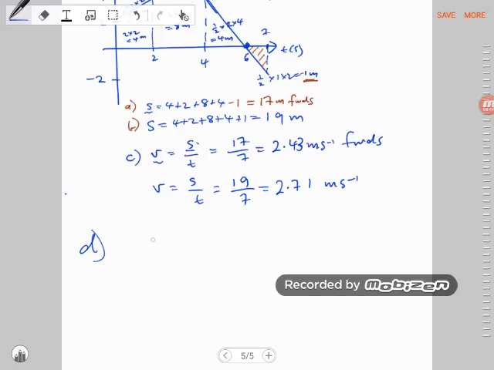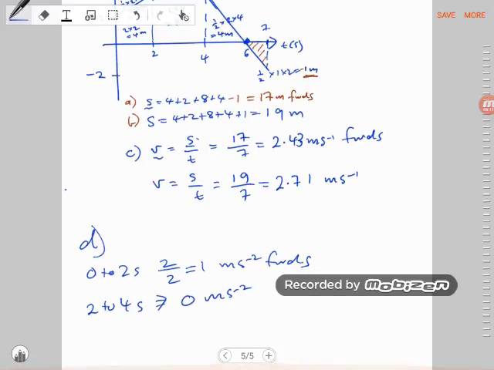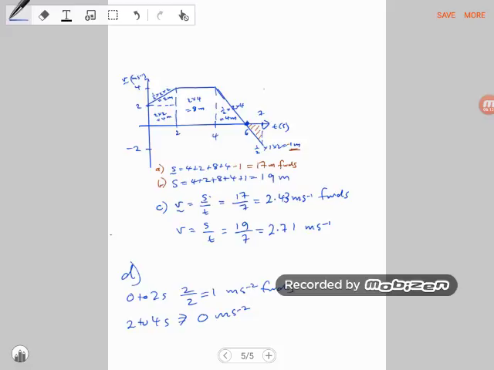So from 0 to 2 seconds, we have a rise of 2 over a run of 2, which gives us 1. From 2 to 4 seconds, 0 meters per second squared, because the gradient is 0. So no calculation really necessary there.